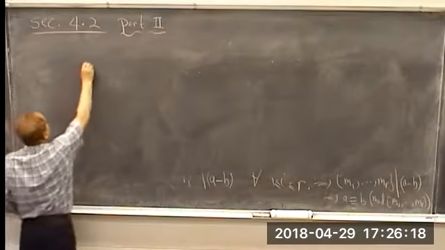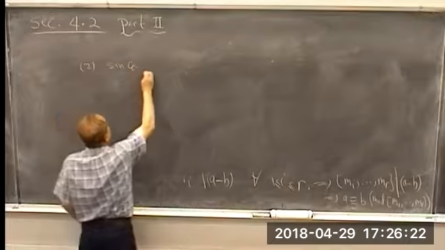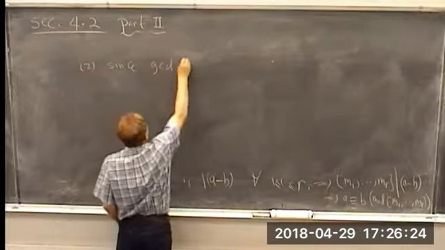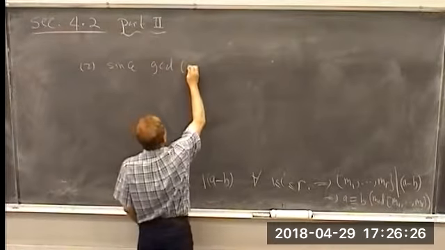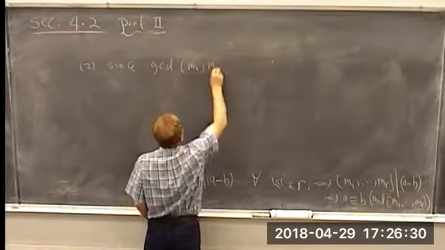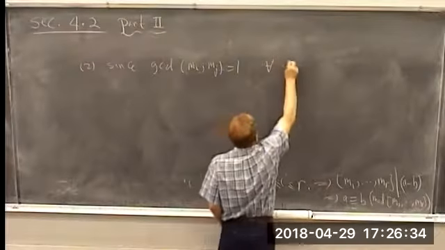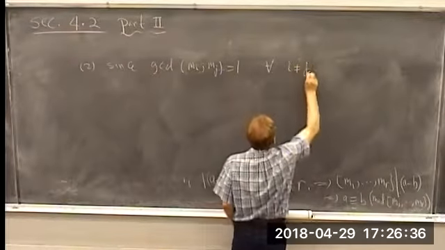The second part, since the greatest common divisor of Mi, Mj is equal to 1 for every i not equal to j.